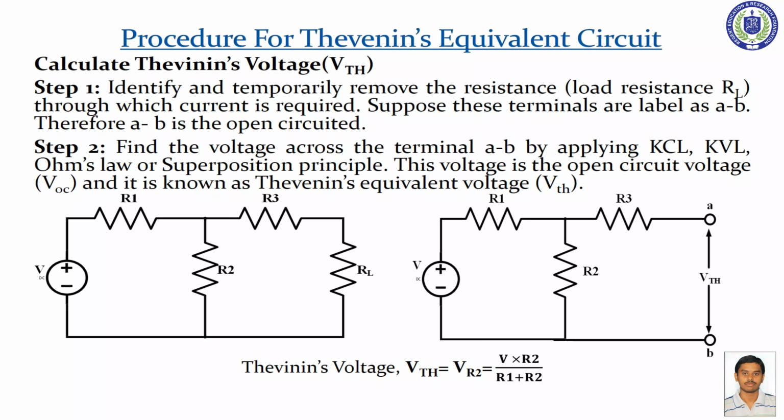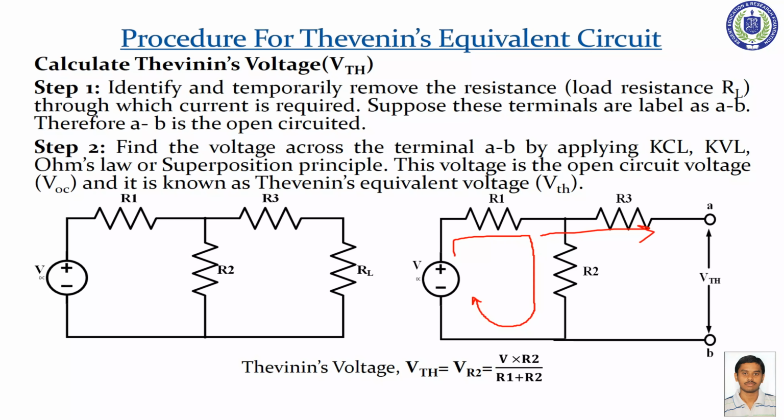In this position, the voltage VAB is the voltage across R2, because no current flows to the open side.